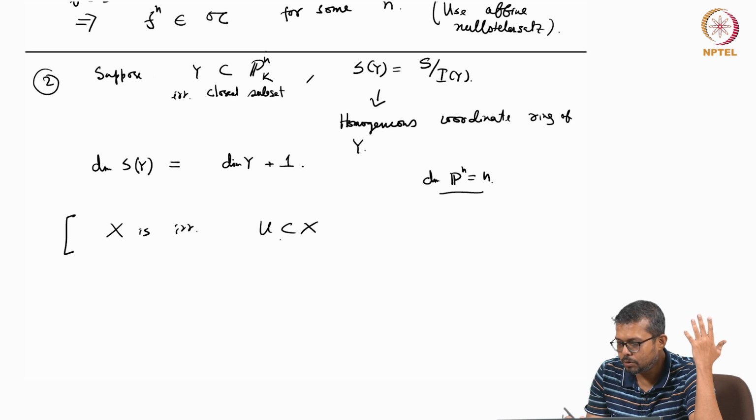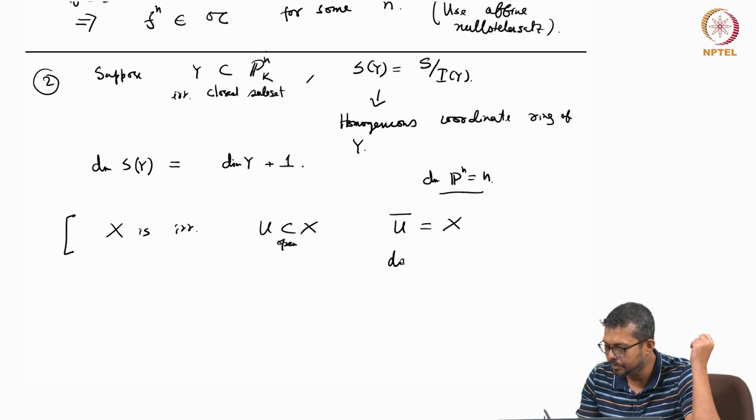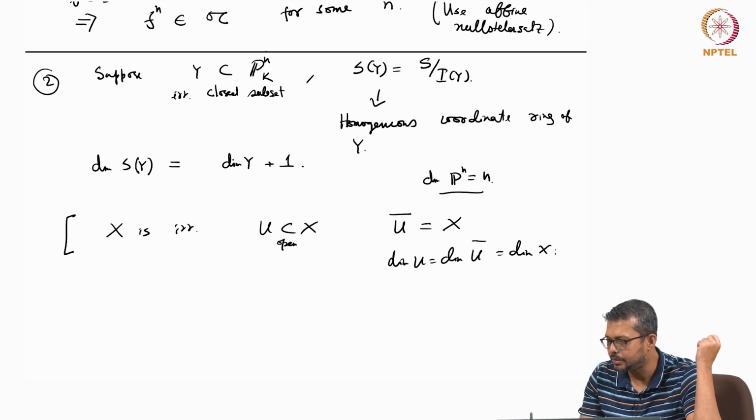This is very useful: if U is an open subset, then U is dense, that means U bar is X, and the dimension of U and of U bar are the same, which is the same as the dimension of X.